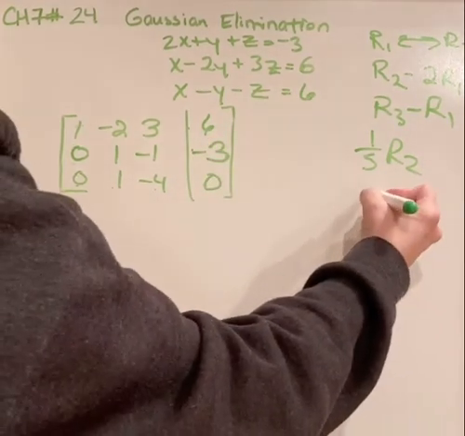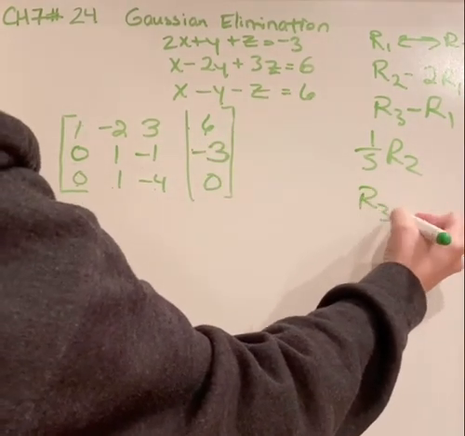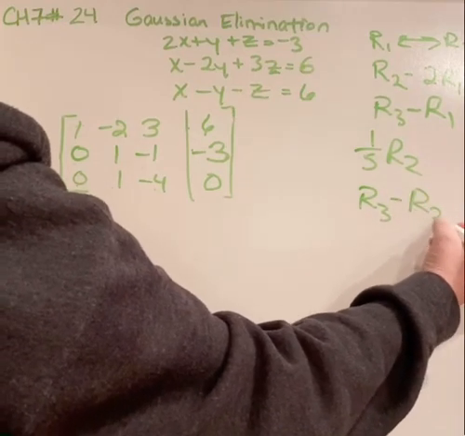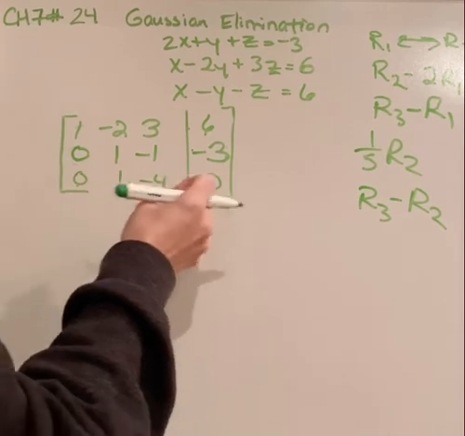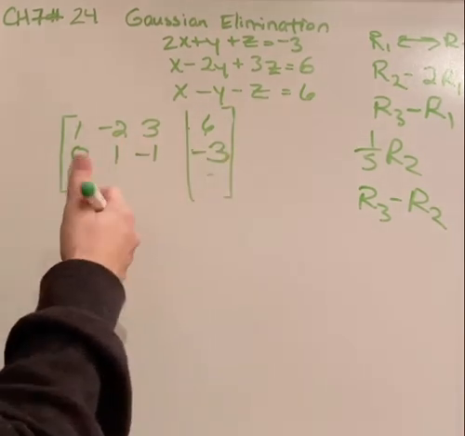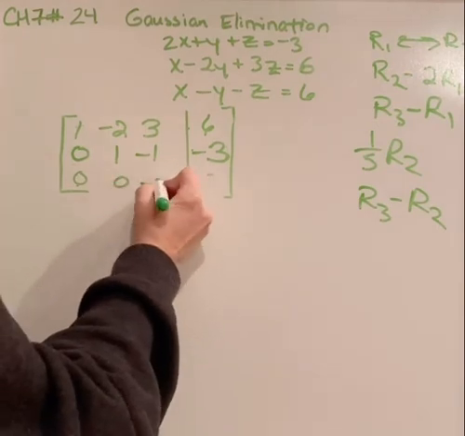Now I'll take row 3 minus row 2. It's going to give me 0, -3, 3.